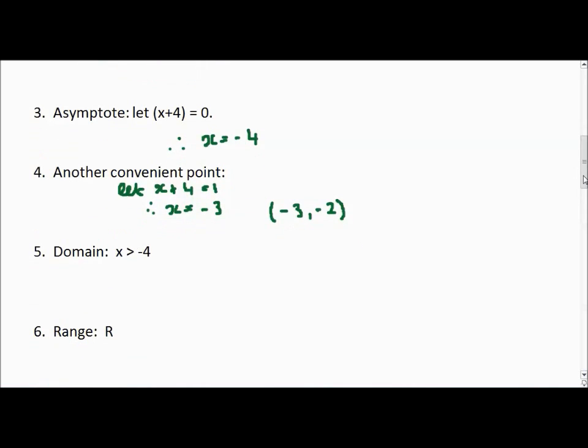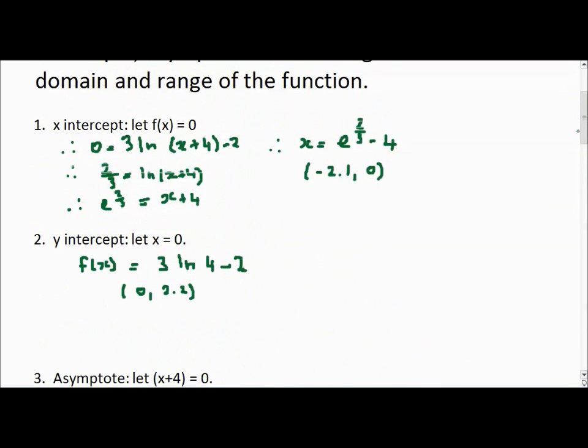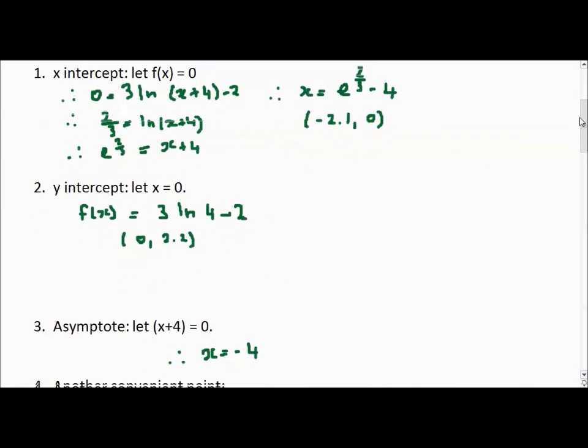The range as per usual is all real numbers, and I like to use interval notation to indicate that the range is between negative infinity and infinity, not inclusive. So I may have said earlier that the domain's less than -4. It is, of course, as written here, greater than -4, which is quite easily seen. If you look back at the original function, we need everything in here to be positive. So it's positive as long as x is greater than -4.